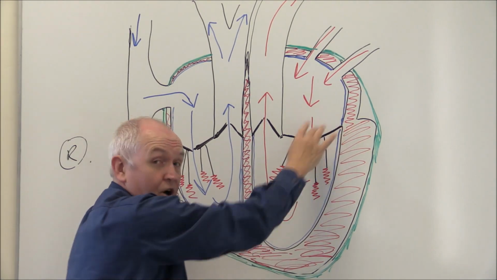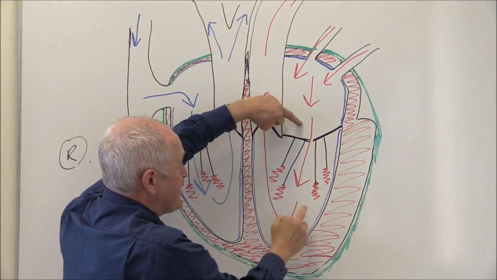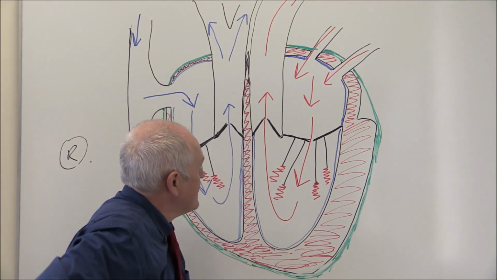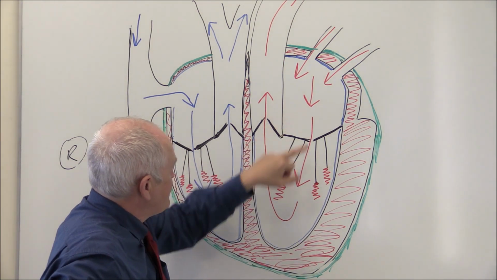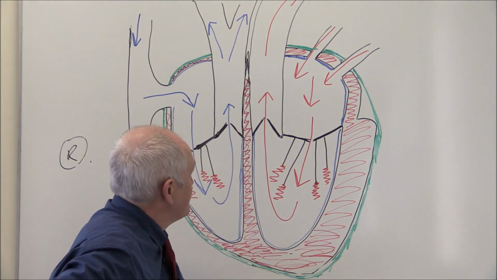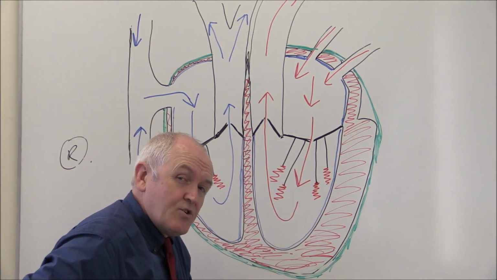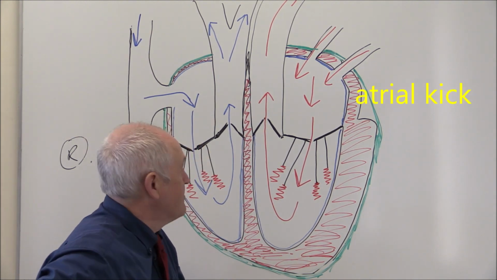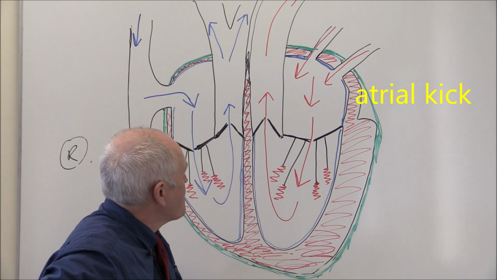And then the last third of the blood that gets into the ventricle is from the atria contracting, forcing the blood from the atria into the ventricle, filling the ventricle up. And that effect is called the atrial kick, and it increases the efficiency of the heart.